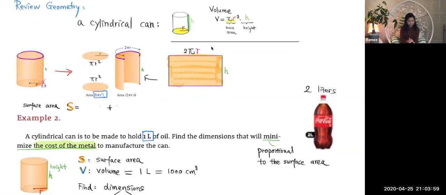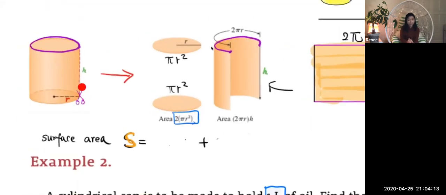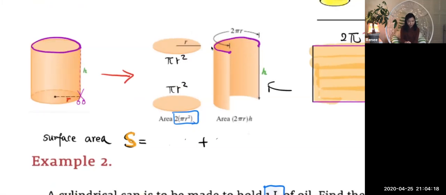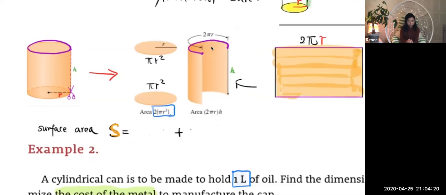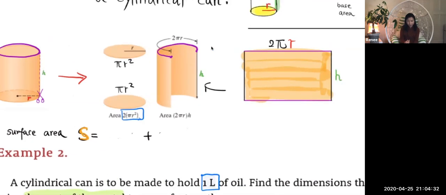Now, what about the surface area? The surface area consists of the top and bottom and also the side. Think about using scissors: we cut along the side and open it up. You're going to see that the top and bottom will be circles, and the side, when you open it up, is going to be a rectangle.